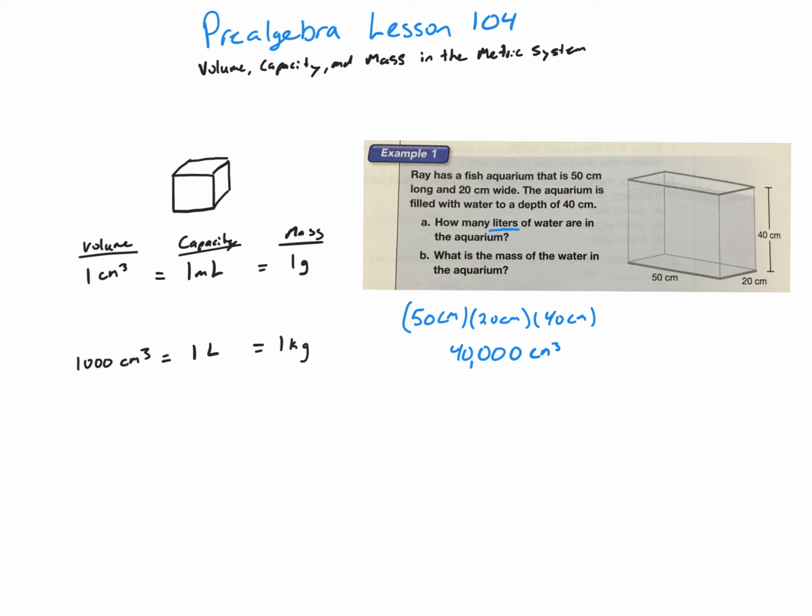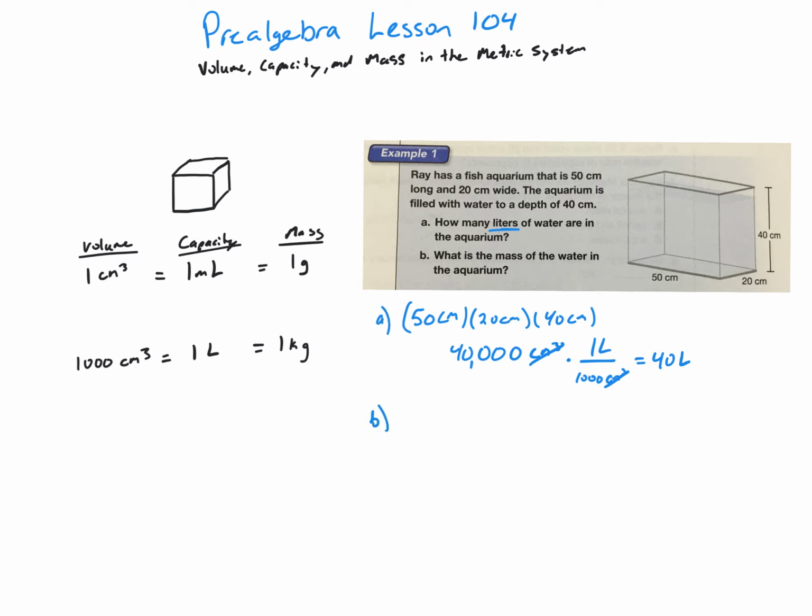So I'm going to divide this by 1,000. Or if you want, we would multiply this by 1 liter over 1,000 centimeters cubed. The centimeters cubed reduces, so that would be 40 liters. So that's for part A.